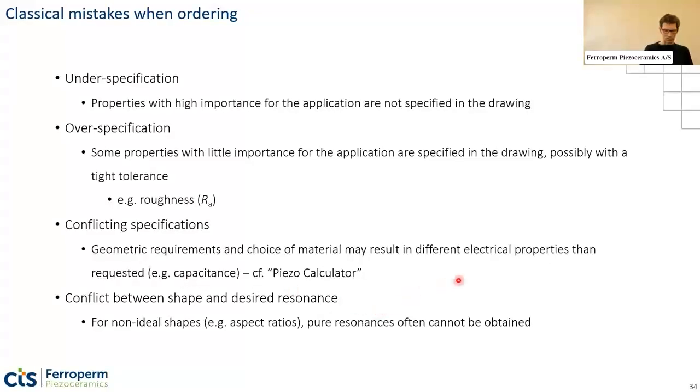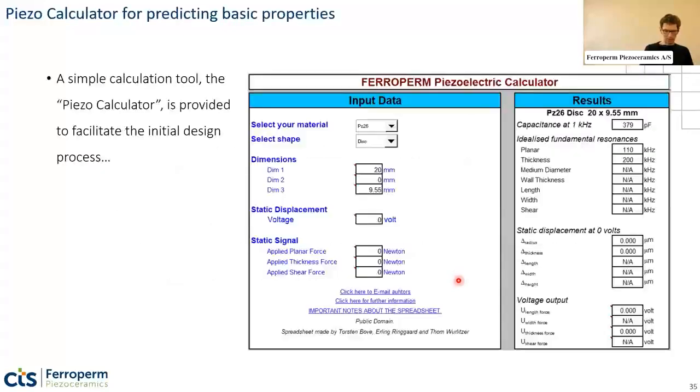Finally, you can also imagine that you want to choose a certain shape, and then this shape does not fit with the resonance that you would like to obtain. And I have an example of that in the end. So this is how this piezoelectric calculator may look.